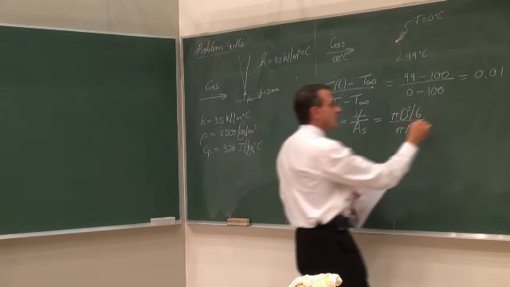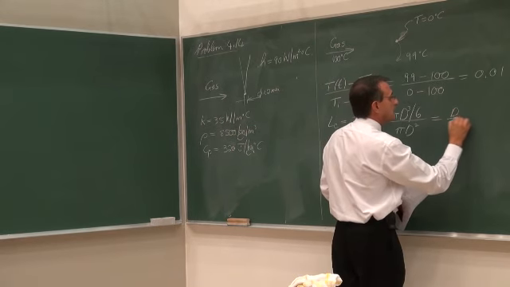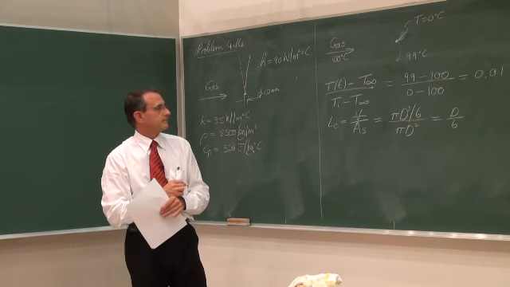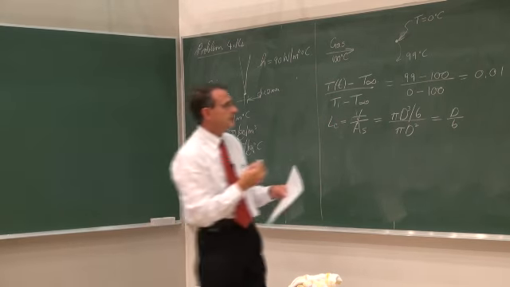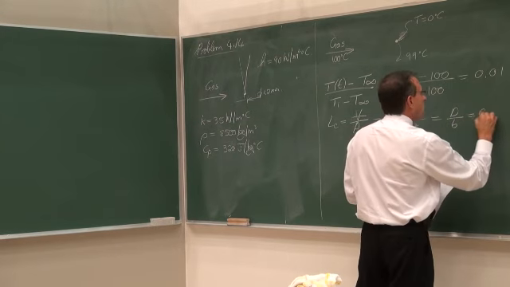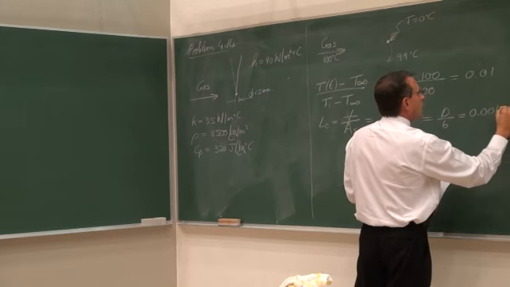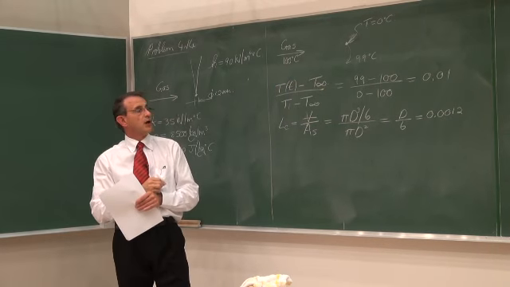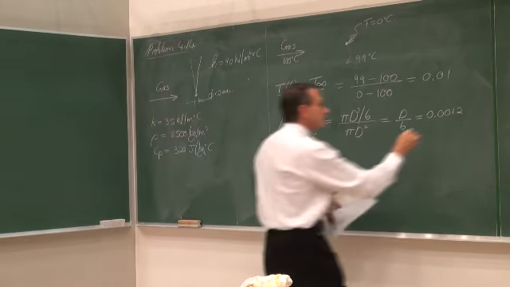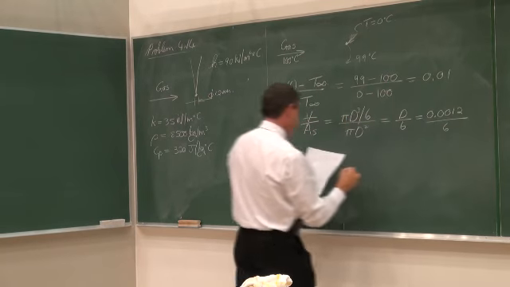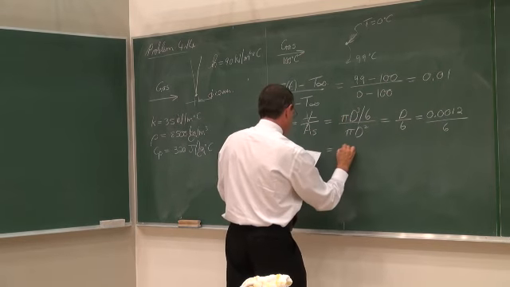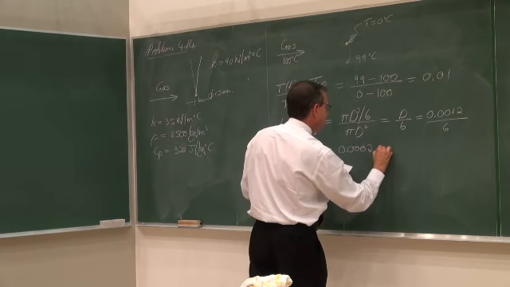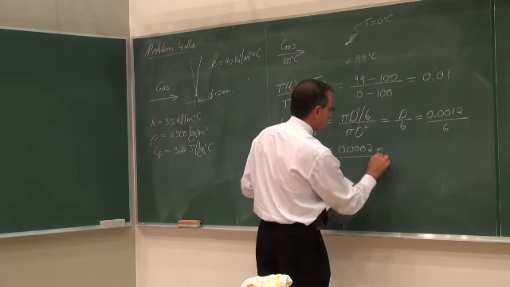So the result is that it is equal to the diameter divided by 6. The diameter is 1.2 millimeters, so it is 0.0012 divided by 6, which is equal to 0.0002 meters.